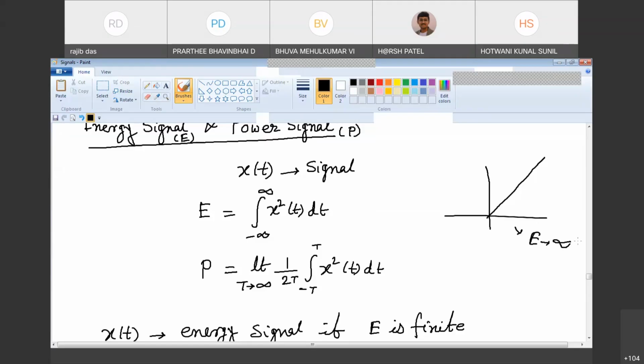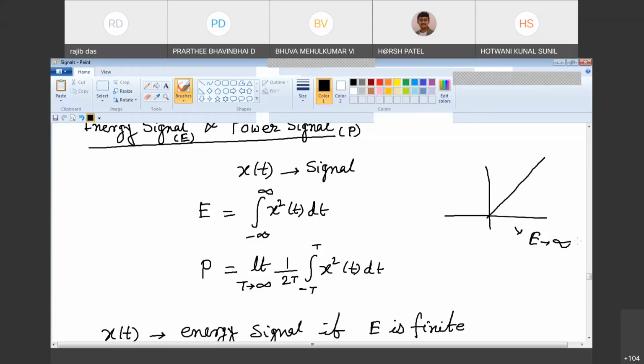It can never be an energy signal. The ramp signal cannot be an energy signal. Similarly, for power, it is neither a power signal. I'll discuss later.